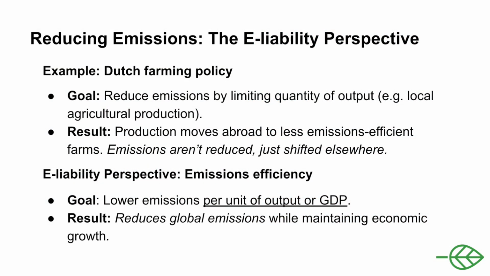Let's get all the companies and farms and entities in our jurisdiction to be more efficient, not by shutting them down, but by getting more output per CO2 emission. And I think that's the right metric: to try to reduce CO2 emissions per unit of GDP, or whatever output you want to use. That's a good thing. That's right.